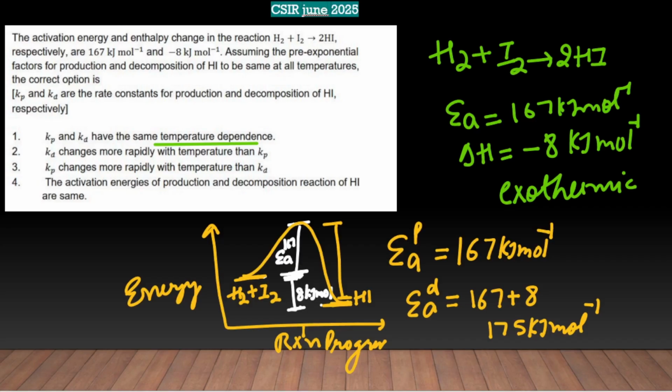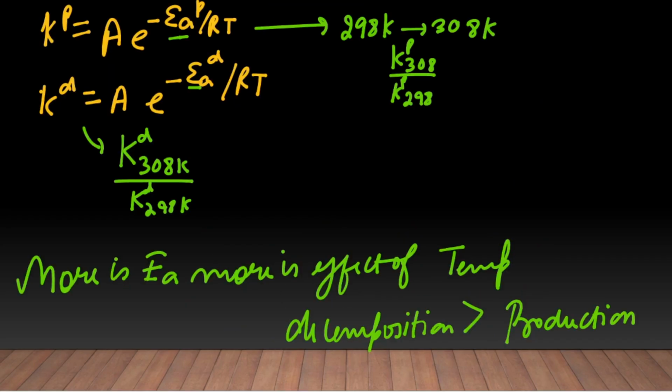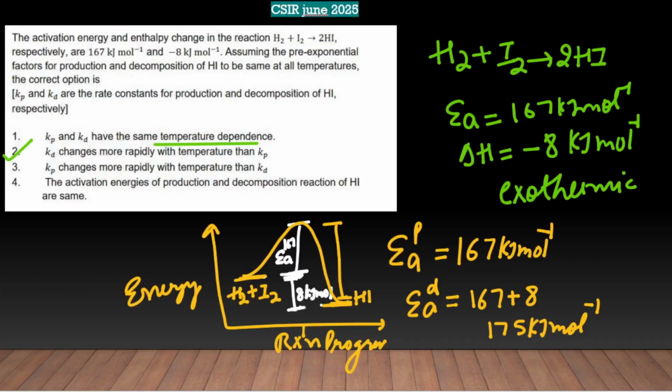This statement is correct, because Kd, when you take this ratio at two different temperatures, has more activation energy, so you will observe more effect of the temperature change in its rate constant ratio. Okay, so B will be the correct answer in this case, right?